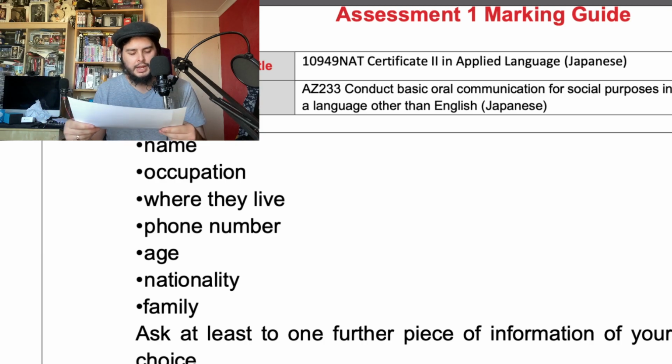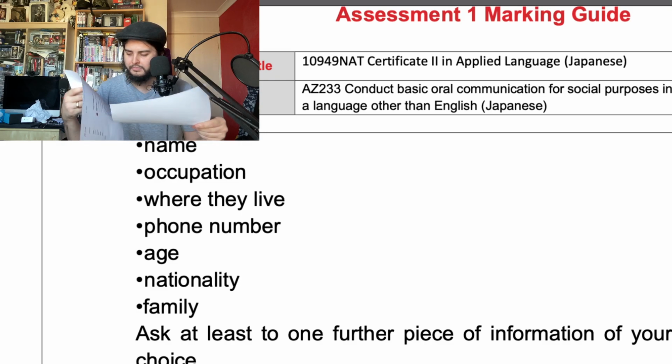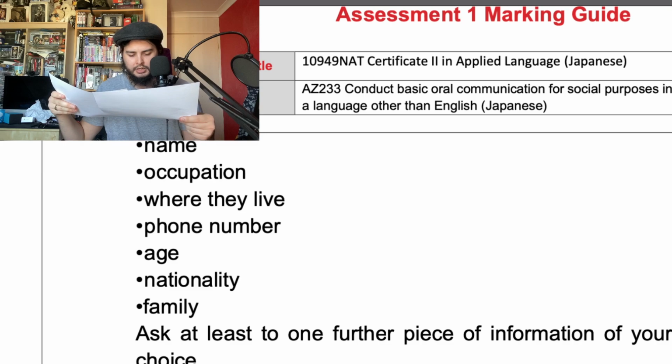But the correct way and everything to ask is "anata no denwa bango wa nanban desu ka?" I believe. Is that the same? "Anata no tenwa bango wa nanban desu ka?" Was I correct with that? Or did I just not need the tenwa?